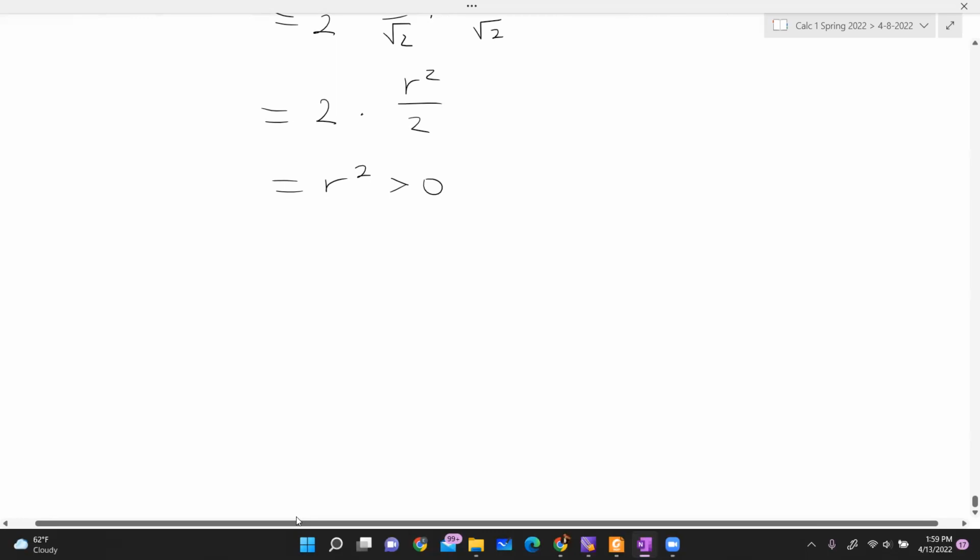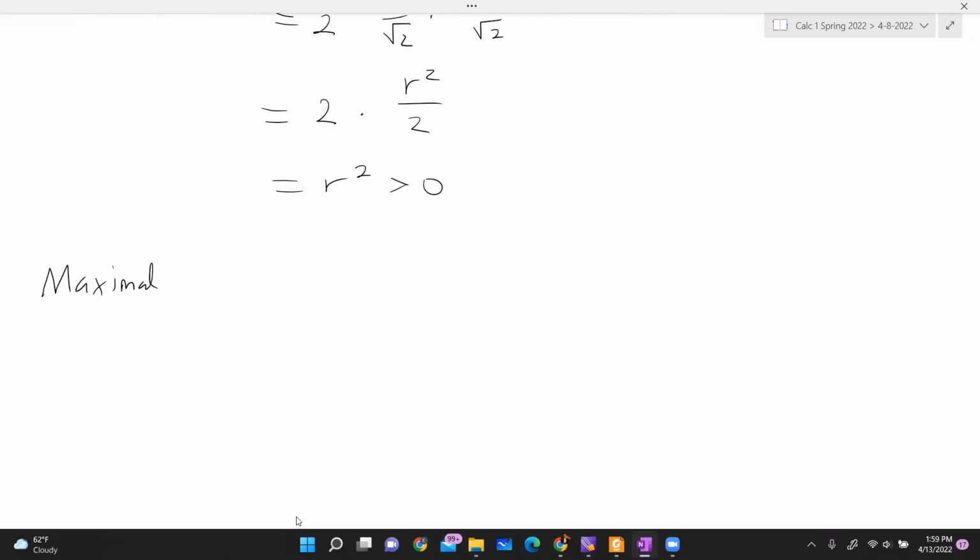So what we can say is that the maximal area happens when x is equal to r over square root of 2. And then of course you can work out what y is, because y squared plus x squared is equal to r squared.